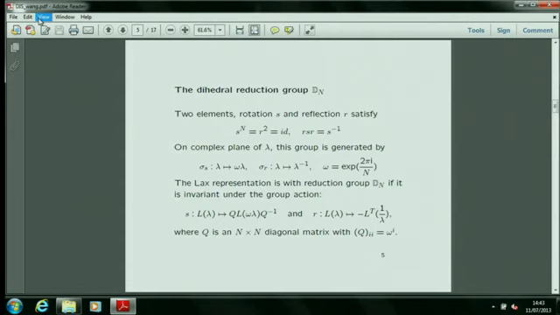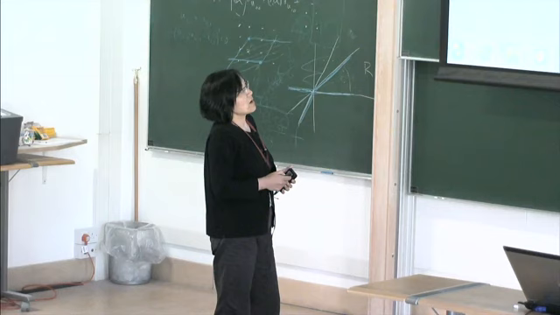So on your space, which is a complex plane for your spectral parameter, this group will be represented by fractional linear transformations, and the corresponding sigma S will be just omega times lambda, and this omega is the primitive nth root of unity. And one corresponds to the reflection.